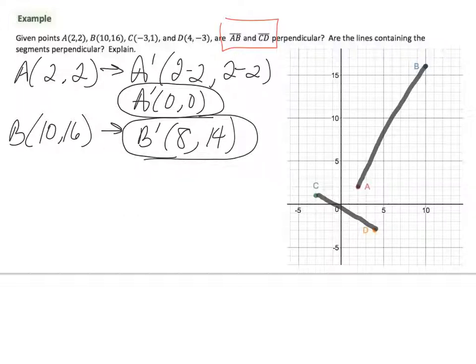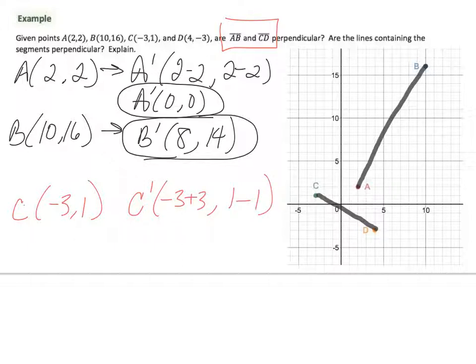So there's my segment, right? Now let's do C. I'm going to put C at the origin. I could put D at the origin. It really doesn't matter, but I'm going to go for C. C is negative 3, 1. So C prime is going to be negative 3 plus 3 and 1 minus 1.